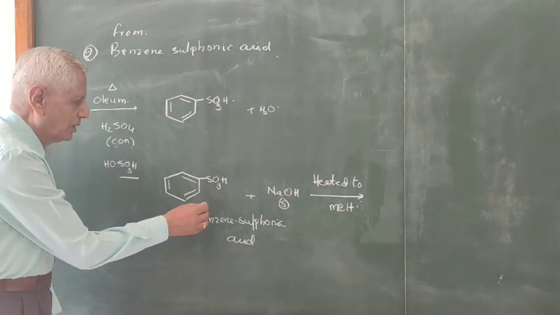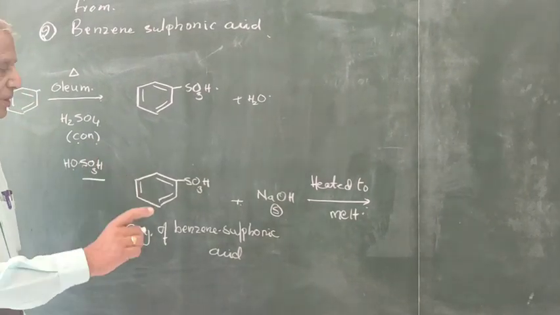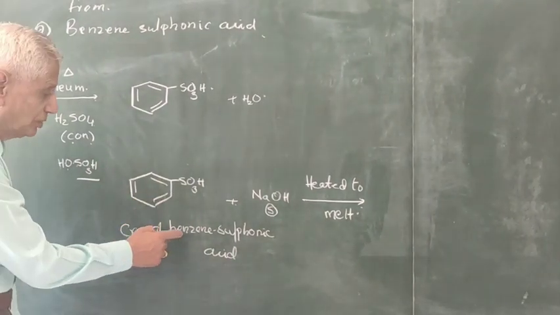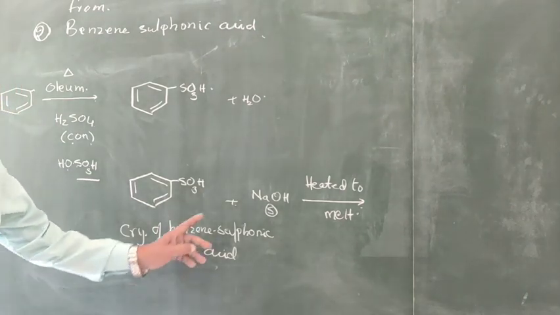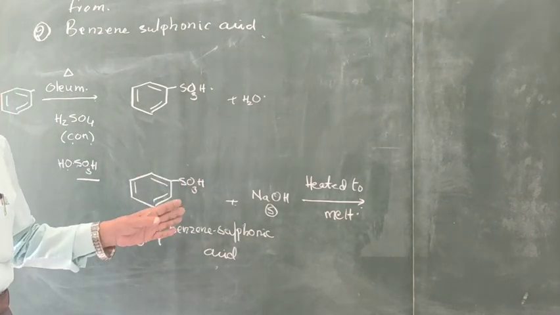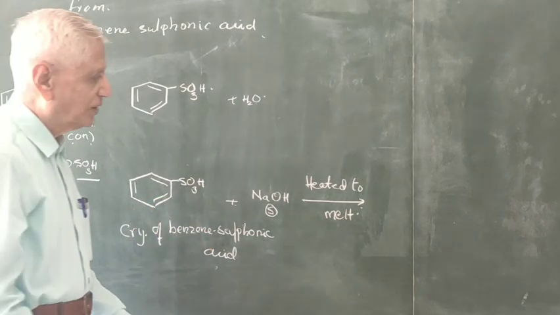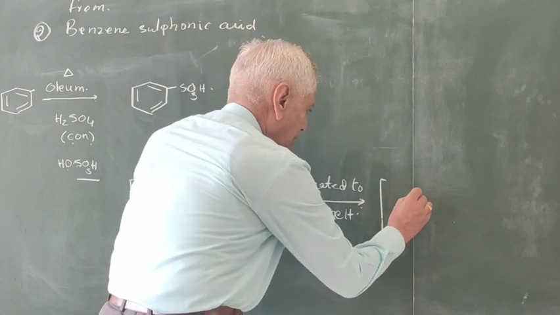SO3H will give you SO3Na first. This is benzene sulfonic acid and sodium hydroxide is a base. This is a base and this is an acid, and we get a salt. What salt? The sodium salt of this compound. So the first thing is, we will get a compound like that.